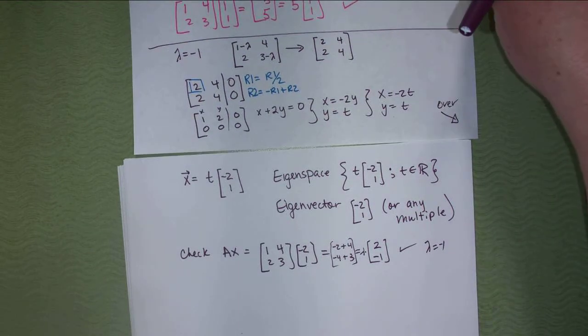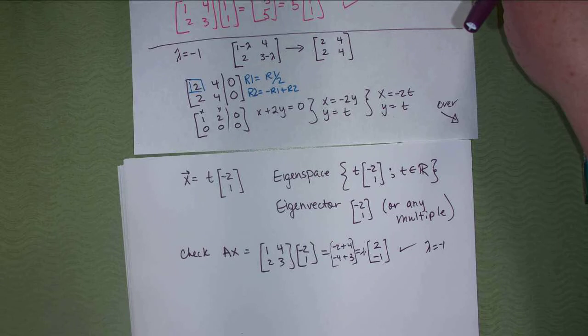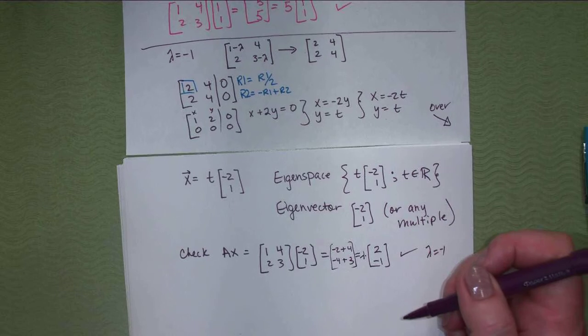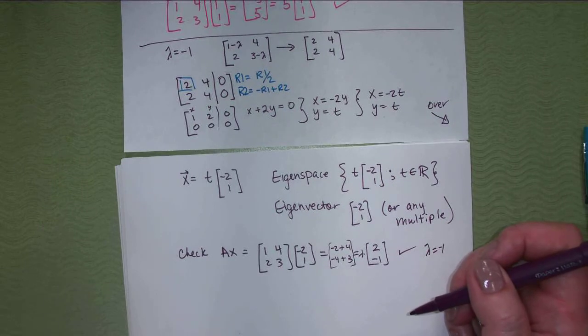You just mentioned that an eigenvector cannot be the zero vector, but you gave all real numbers, so t could equal 0. Yeah, so you could say that. I don't know, they don't actually usually say that. But 0, 0 is not an eigenvector, but it would be in the eigenspace.